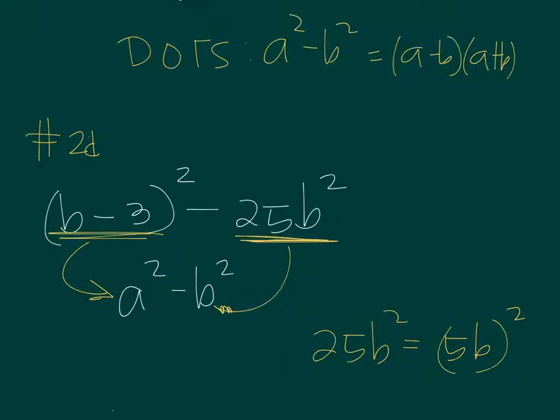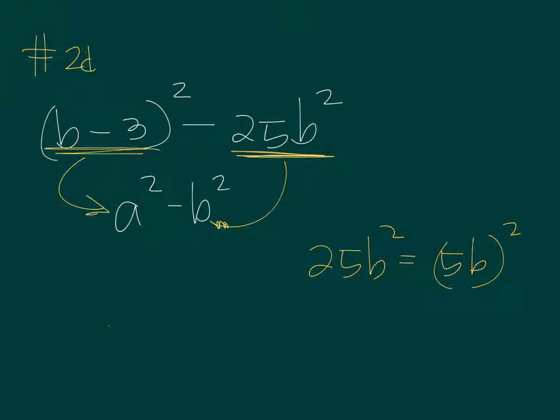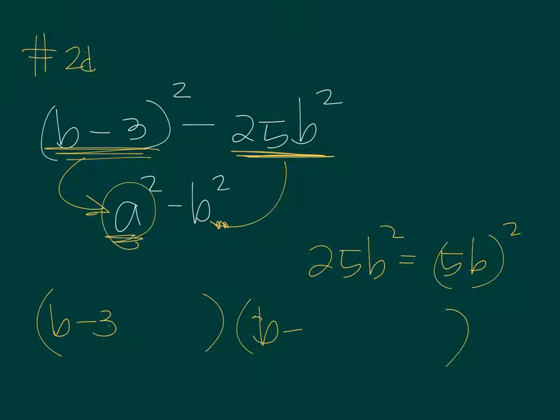So if I follow the difference of two squares factoring method, then we will have two binomial factors. Our a is b minus 3, so we have b minus 3 in both factors. Our b, which you can see from here, will be the 5b.